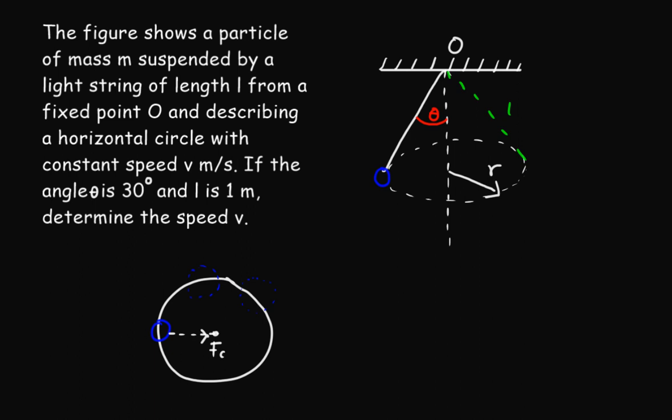Let's assume that the force is no more there. Let's say this ball was held by a string and then the string has been cut. You see that the ball will move in this direction.